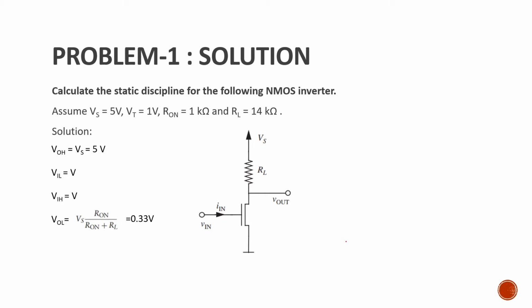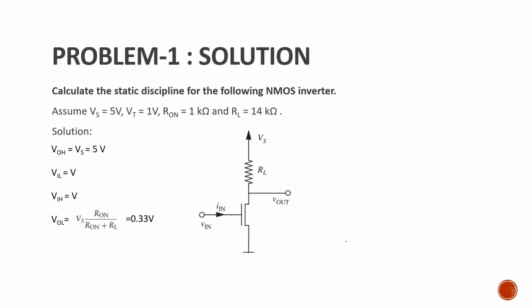Now, guys, I want to revise one more time. A cell must have high noise margin. To get high noise margin, we have VOL, and the VOL must be as small as possible. From the noise margin equation, the noise margin low NML is VIL minus VOL.